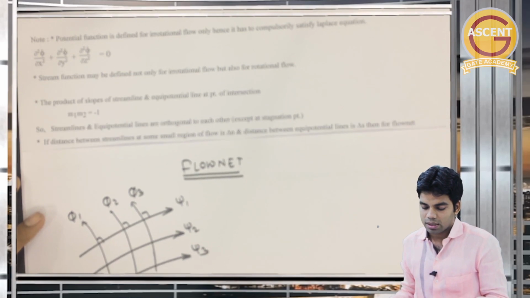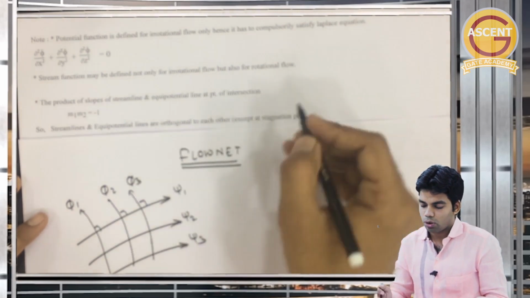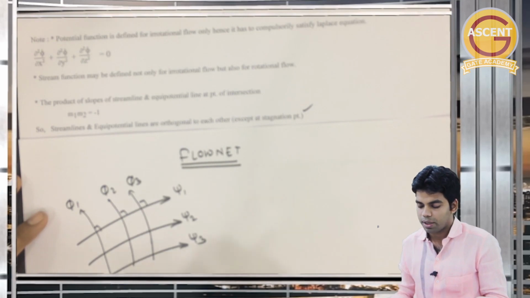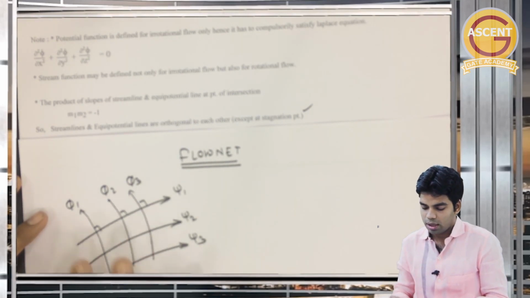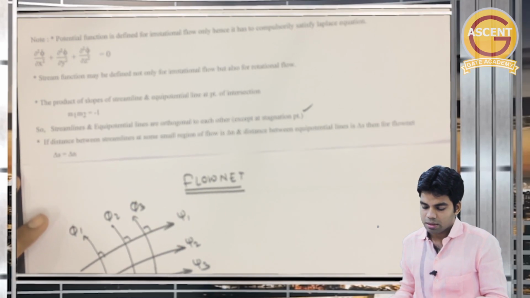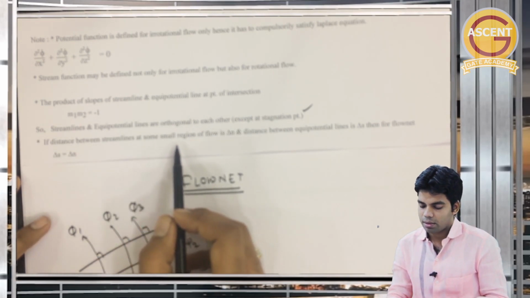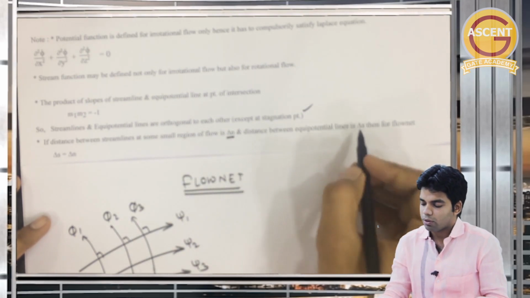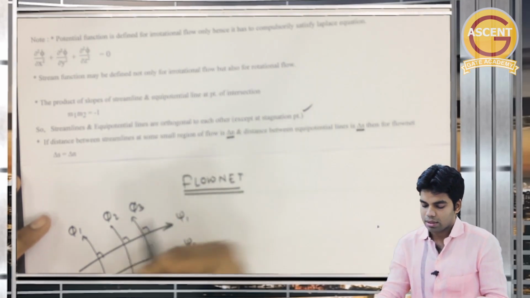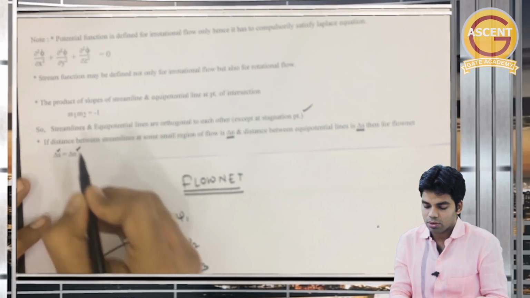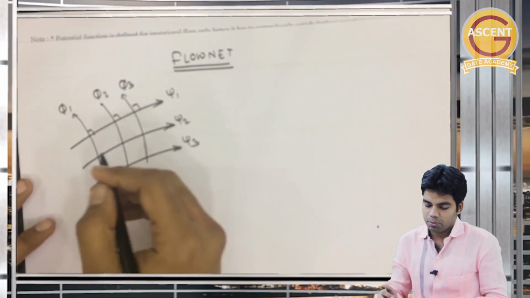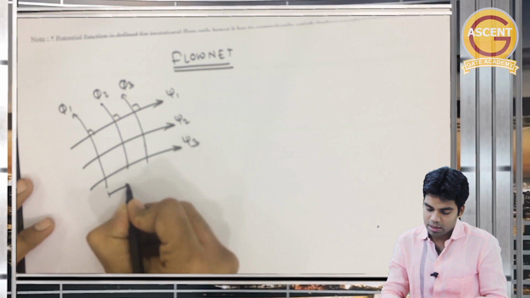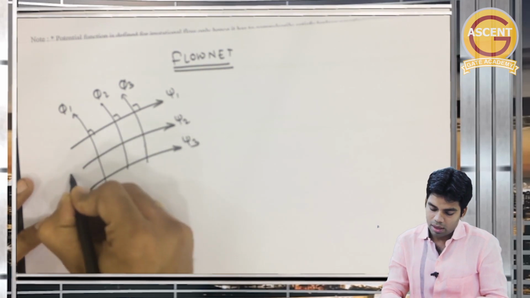Next, the streamlines and equipotential lines are orthogonal to each other, except at the stagnation point, that means they are perpendicular to each other. Next, if the distance between the streamlines at some small region of the flow is delta n and the distance between equipotential lines is delta s, then for the flow net delta s is equal to delta n.